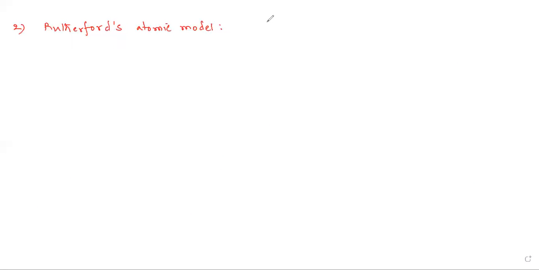Before going to Rutherford's atomic model, we have to check Rutherford's alpha ray scattering experiment.